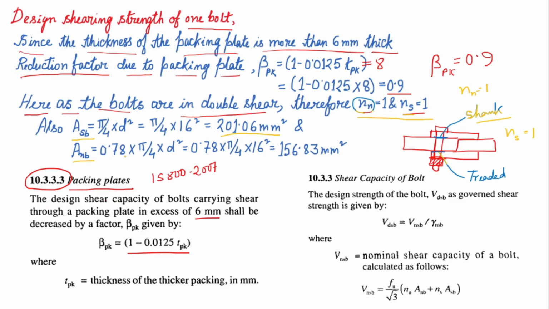It is taken as 78% of the cross sectional area of the shank portion. So we have to multiply by a factor 0.78 with pi by 4 d square. So it comes out as 156.83 mm square. So these are the required values we have calculated for the calculation of shearing strength of the bolt.